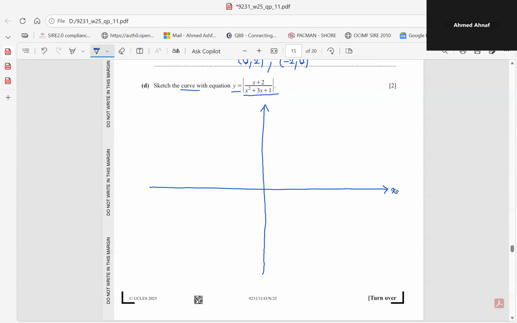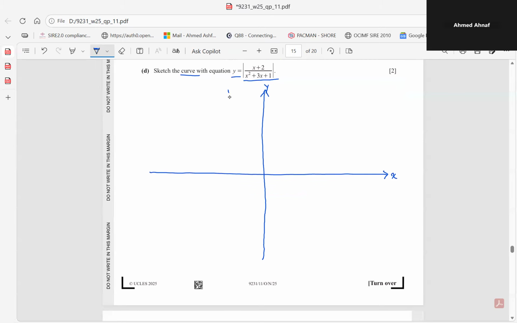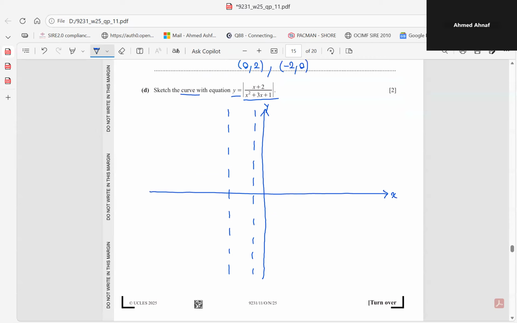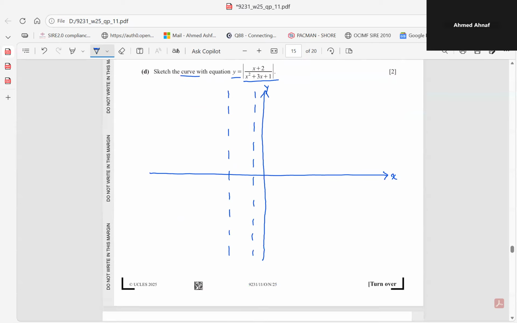This is the x-axis, this is the y-axis. Asymptotes. By the way, when you're sketching, please use a ruler. Okay, so the one on the left, this left branch, it's all below the x-axis, so we need to reflect it back up. Reflecting back up, it will just look something like this.